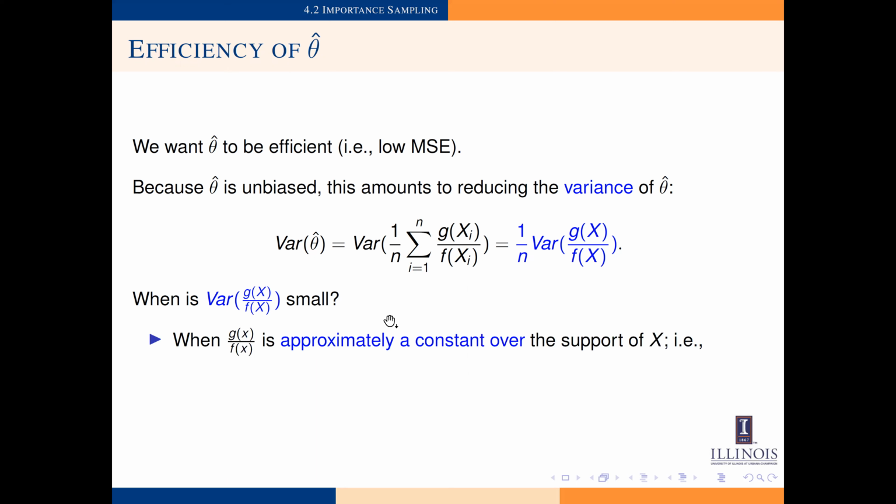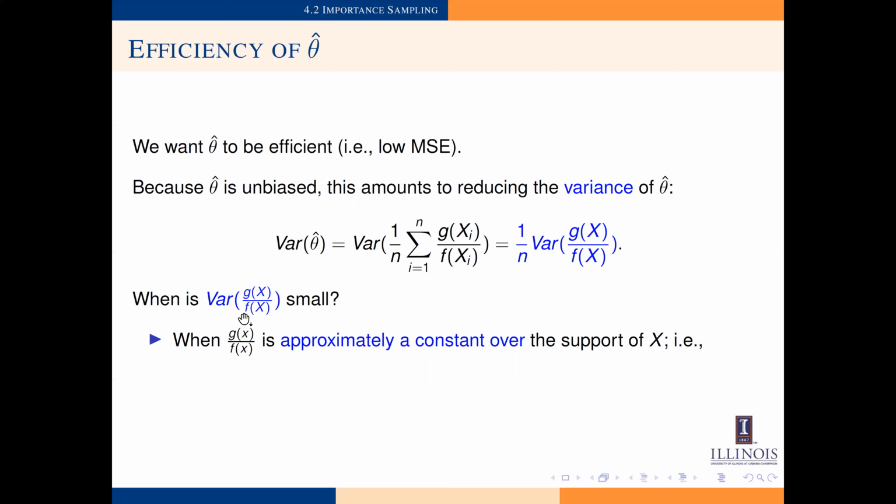Well, in your intro to statistics class, you learned one thing, which is that the variance of a constant is equal to 0. So if there's no variation in g of x divided by f of x for any possible x values in the support of the random variable x, then the variance will be small.